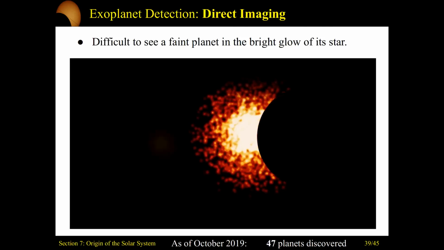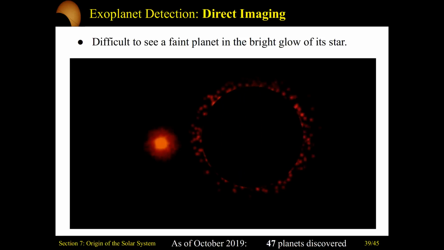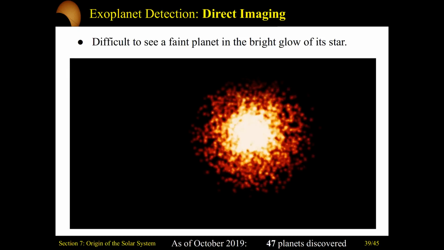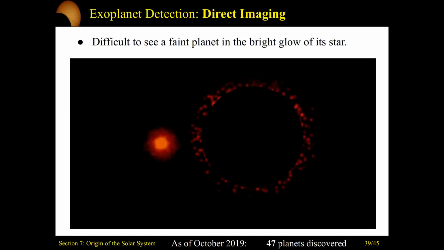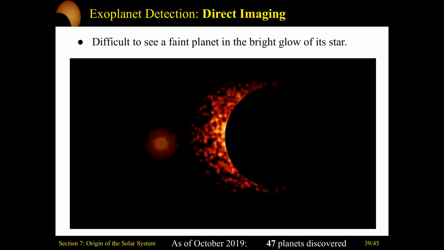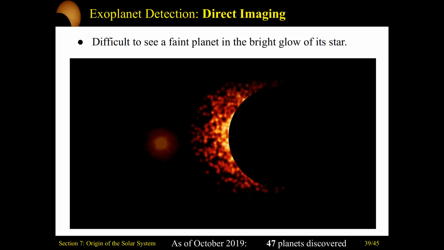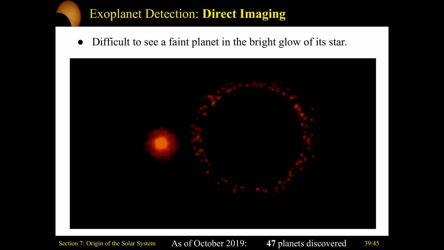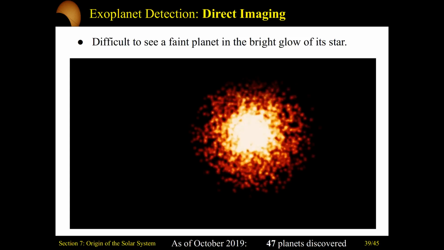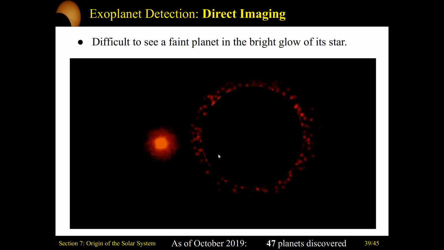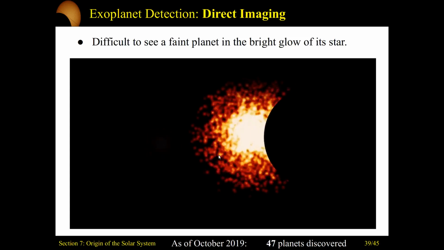The fourth method we'll discuss is direct imaging. It seems obvious, but it's honestly not a very useful method because it's so difficult. We've only found 47 planets through this direct imaging method, and it's exactly what you think. Look at your telescopes, see a star, and try and find the accompanying planet. The problem is that the star is super bright compared to the planets.